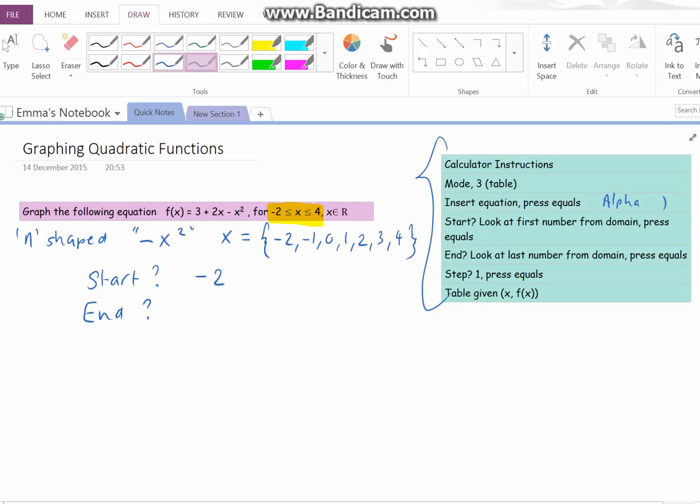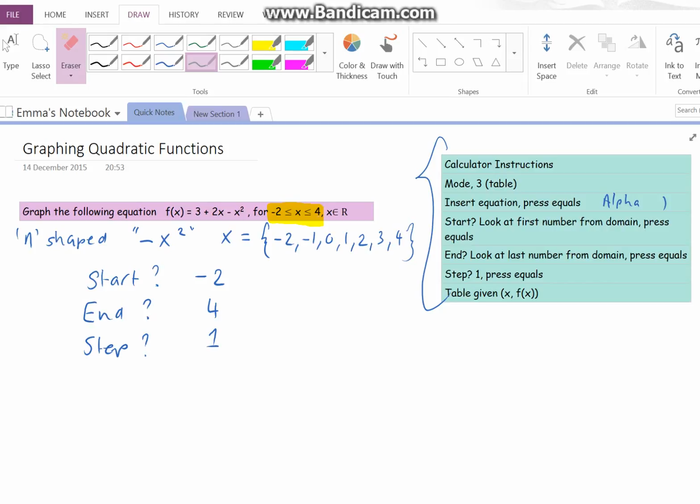Your end in this case would be 4, as you can see there. So 4, and your step would be 1, because all of these numbers here are just going up in whole numbers, so that's why it's 1. So we'll do that much, 4 equals, good.